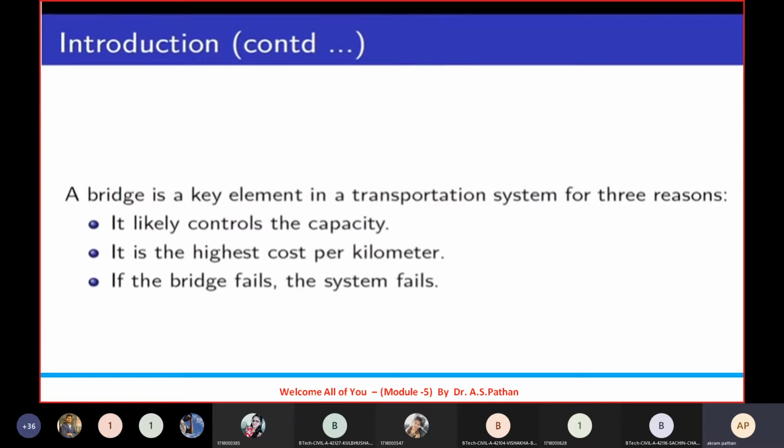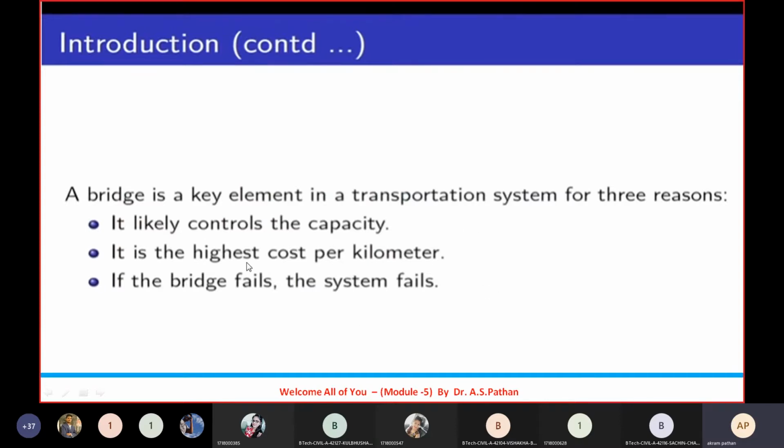Okay, but if there is no such facility on highways or any type of road, then you cannot save transportation time, and you cannot save the economy also. So whenever there is transportation, we have to construct bridges across the river, across the valley, or even for crossing of the railway or crossing of the roads.